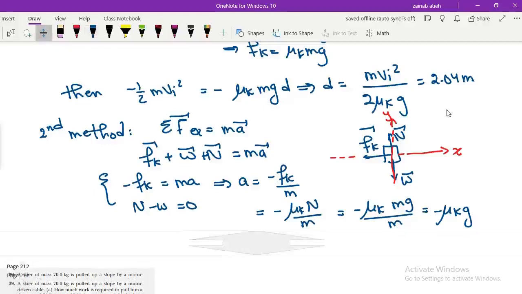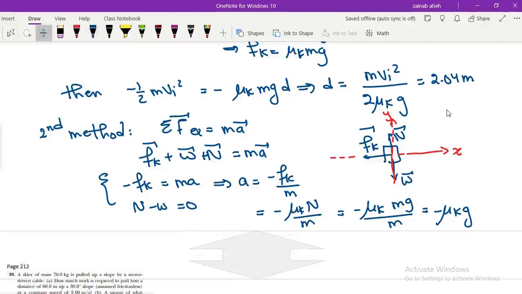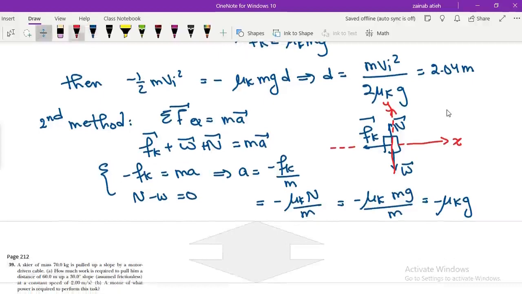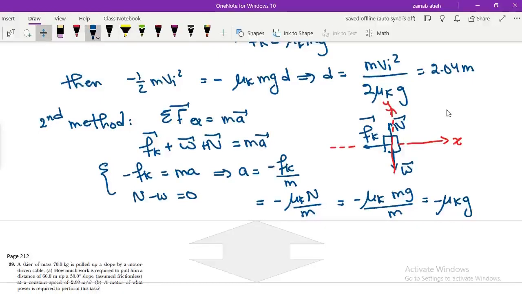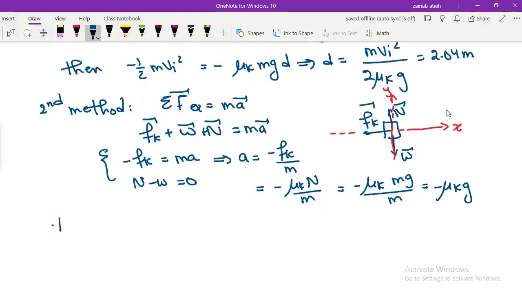So I can use the formulas that I know for uniformly decelerated rectilinear motion. Let me write them. The motion is uniformly decelerated rectilinear motion, so I can use any of the three formulas that we know for uniformly varied rectilinear motion.